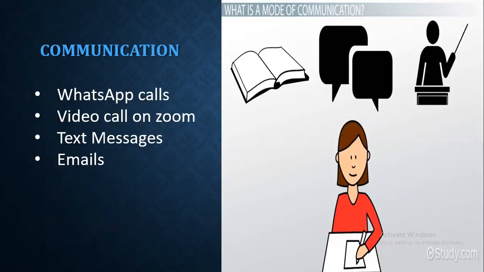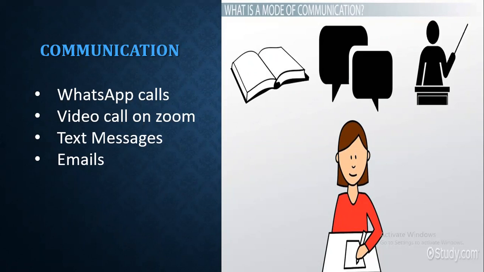We communicate through various modes, and we also use various software, which includes WhatsApp calls and Zoom. Zoom is a software on which we did video calls whenever we had to share information, and it helped us to conference through a video call.